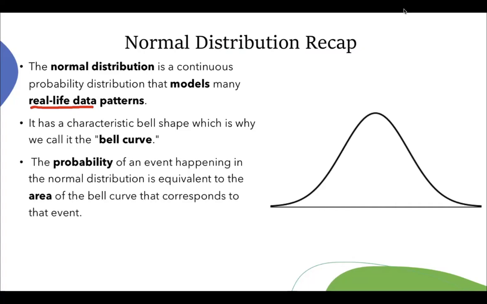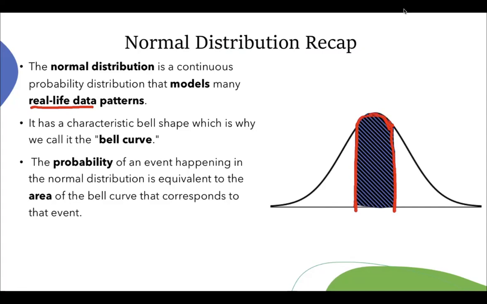And the probability of something happening with the normal distribution is equivalent to the area of the bell curve that corresponds to that event. And this is why it's so powerful. We can estimate probabilities by using normal CDF, the mathematics that help us figure out the area between 2 points underneath the bell curve.